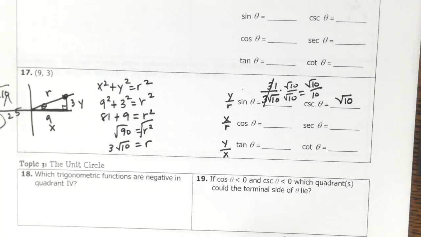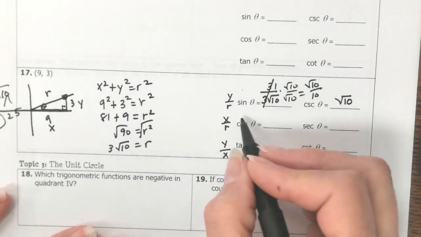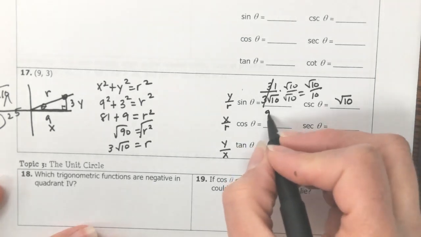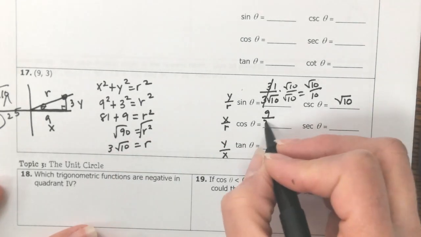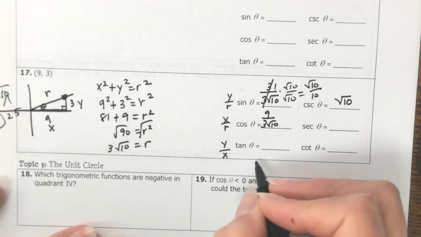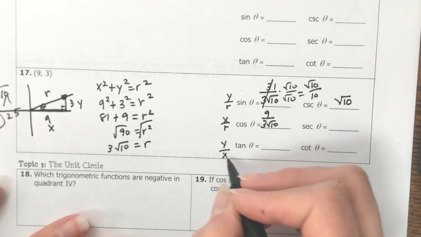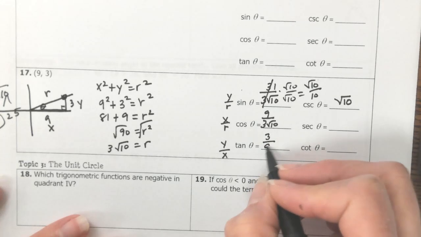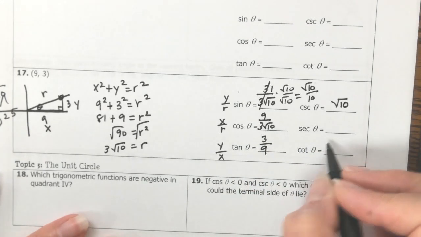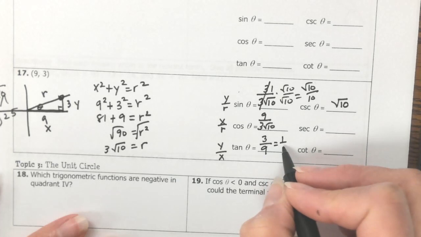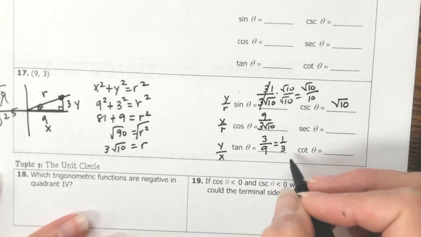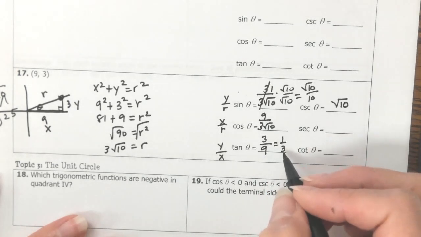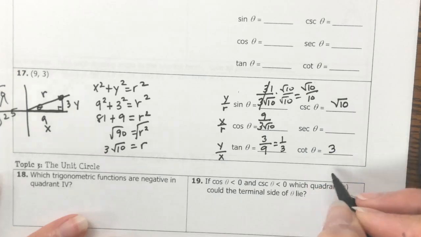Okay, we can continue. The x is the 9 over the r. And the tangent is the 3 over the 9, and then it reduces to 1/3. And this would be 3.